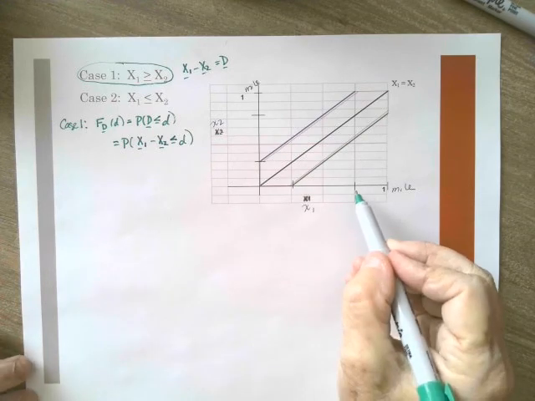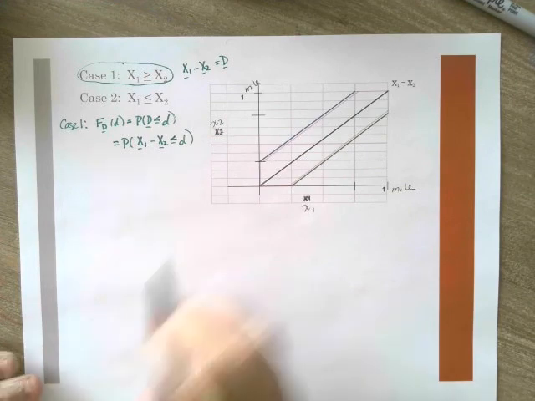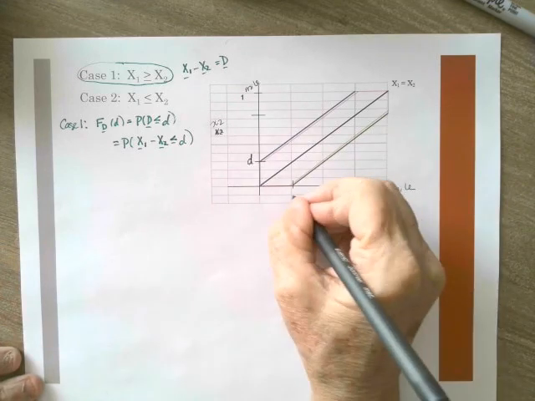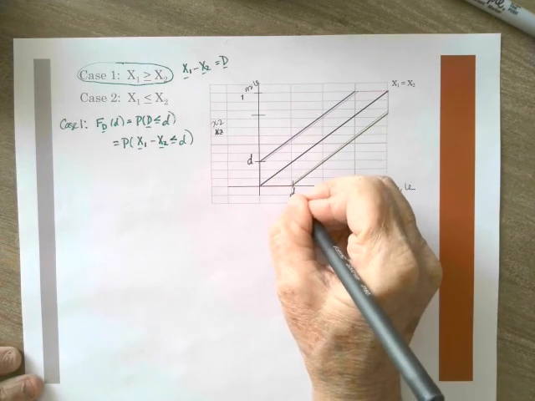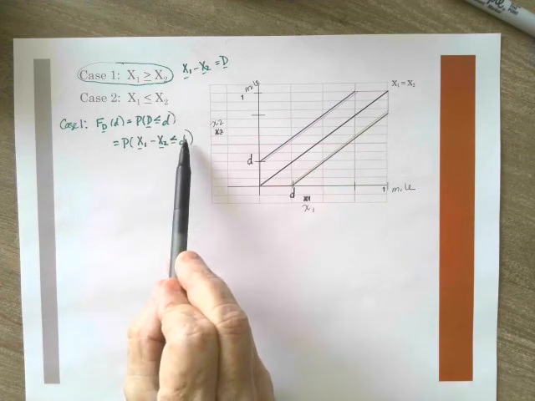So notice that I have these other tick marks here on the x and y axis. So this tick mark here is just going to represent this value of d, which could be the distance between the two, as is this one here, right? So what I want to do here is plot this region right here.